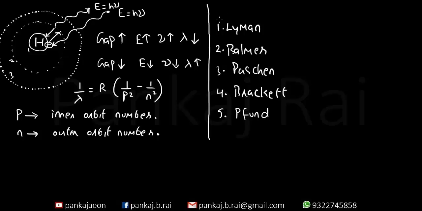So I can simply say that these numbers 1, 2, 3, 4, 5 are nothing but the p, which is the inner orbit number, and these are the corresponding series. Okay, now let us move ahead.